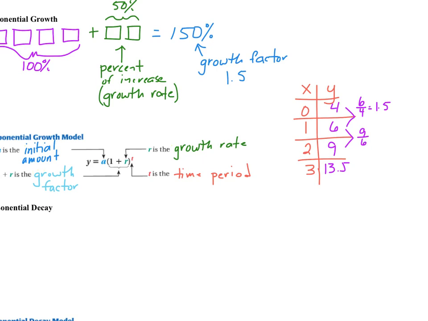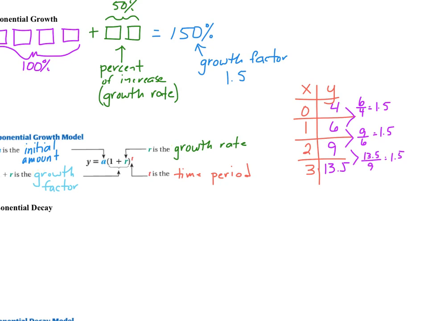It gives me 1.5. And I'm sure, as you can guess, 13.5 divided by 9 also gives me 1.5. So it's multiplying by 1.5 each time to increase the amount.